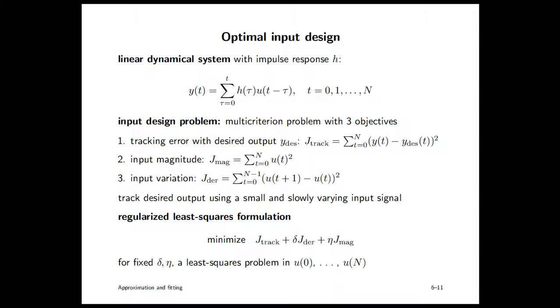We can also measure the magnitudes of the inputs or measure the variations of the inputs. Through these three techniques, we can reach the desired outputs using small and slowly varying input signals.